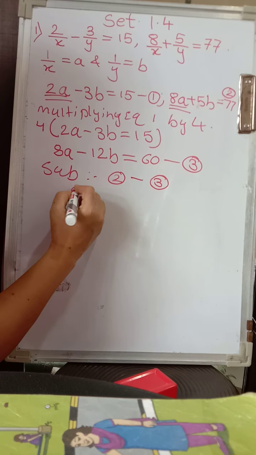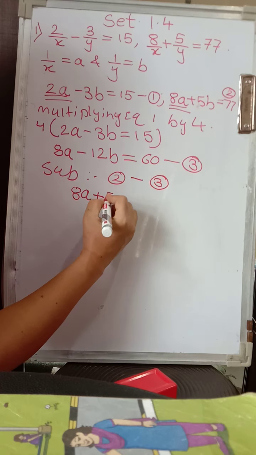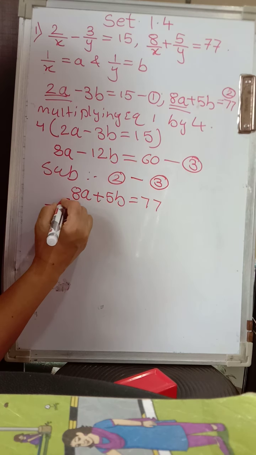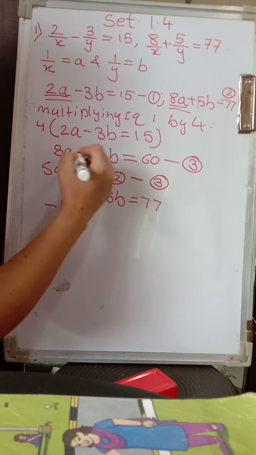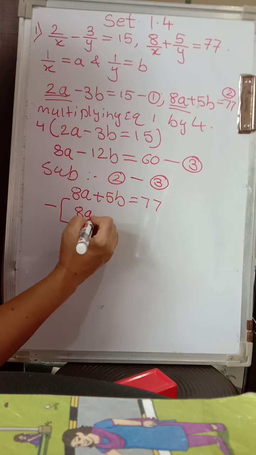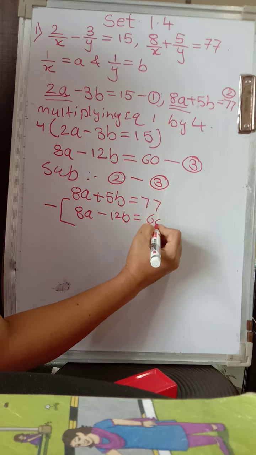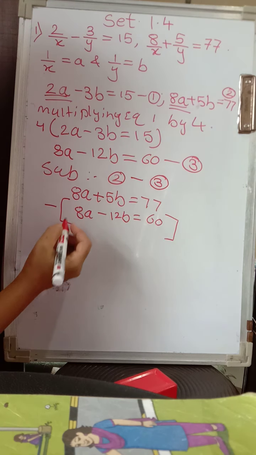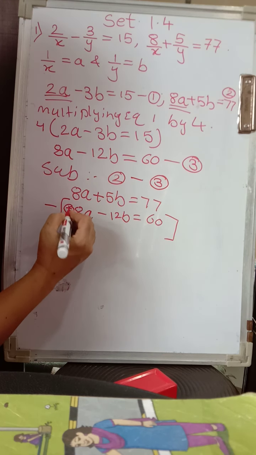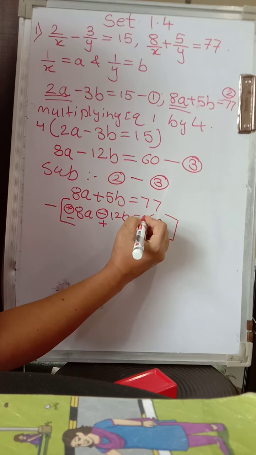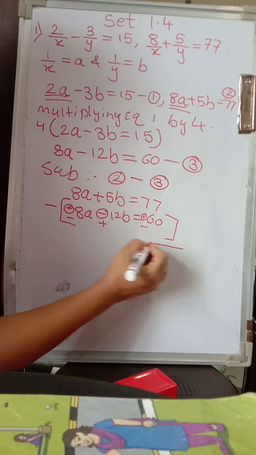You have 8a plus 5b is equal to 77, minus, you are going to subtract the third equation, that is 8a minus 12b is equal to 60. It is subtraction, so we are going to change the signs. 8 is plus will become minus, minus will become plus, plus will become minus.